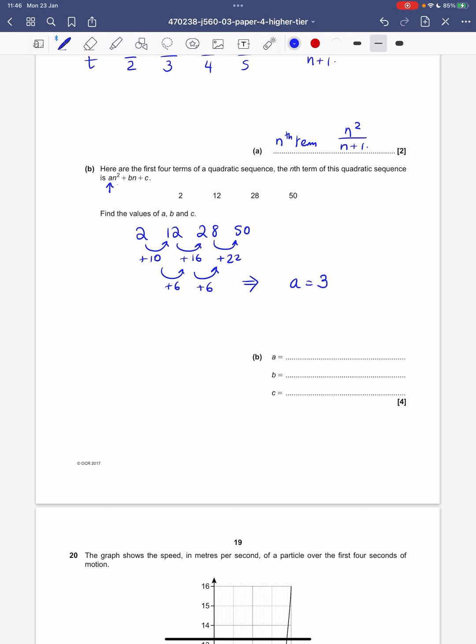So we can say a is 3, and that means 3n squared is part of this sequence. So now we've got 2, 12, 28, 50.